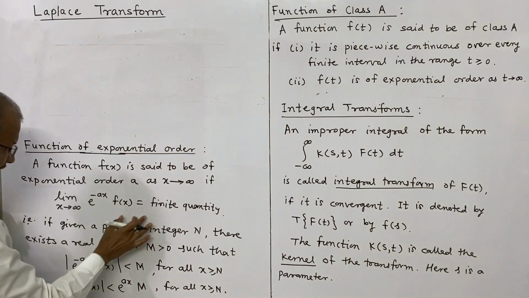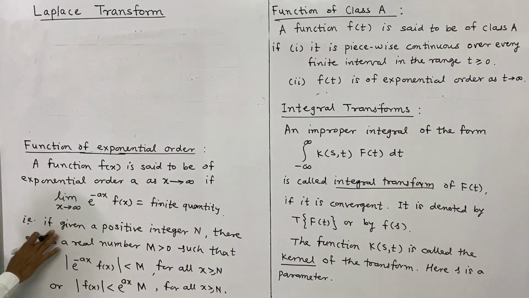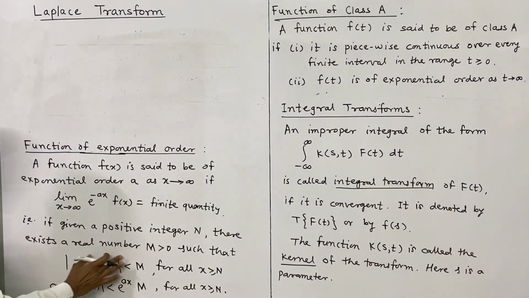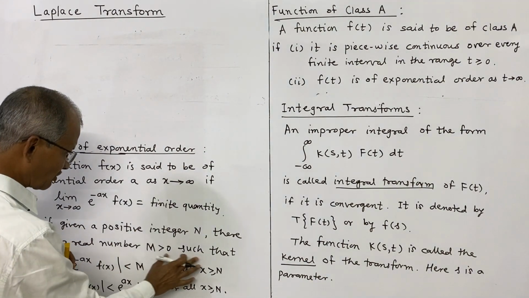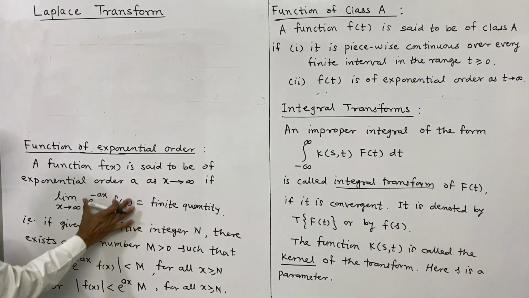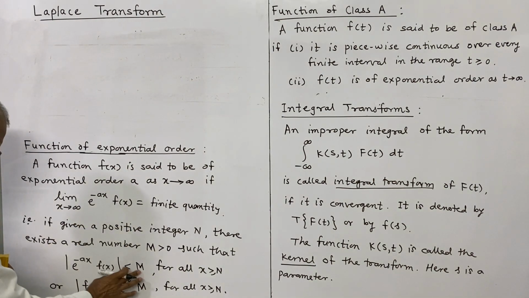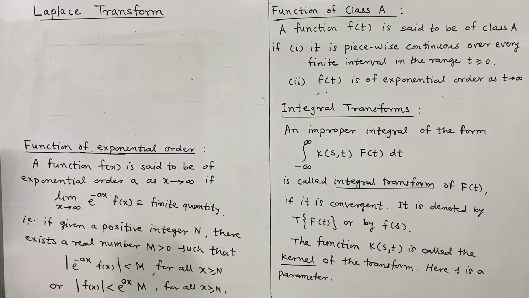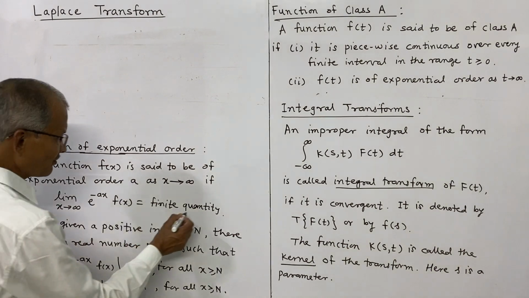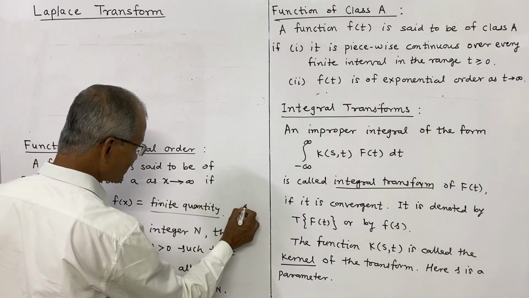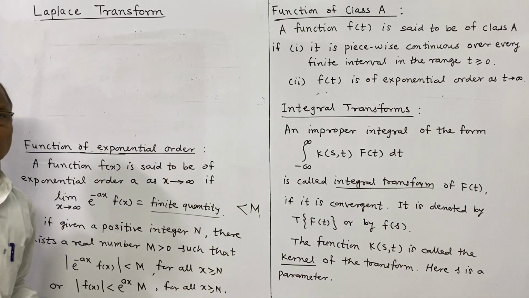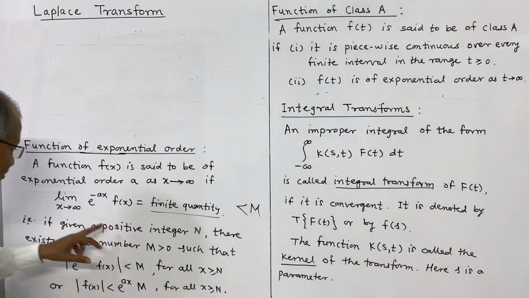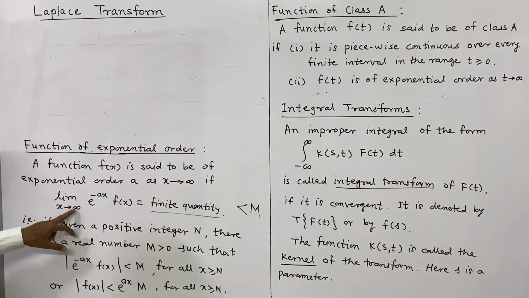When this limit is a finite quantity, that is, given a positive integer capital N, there exists a real number capital M greater than 0 such that the absolute value of this is less than that real number M for x greater than or equal to N. So that is the meaning. Finite quantity means it must be less than a certain number M, and this happens when x becomes greater than or equal to capital N, meaning x tends to infinity.